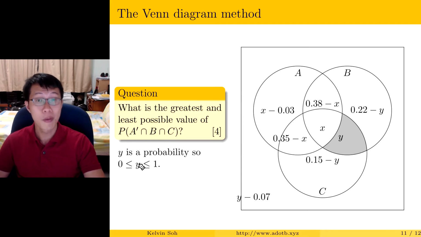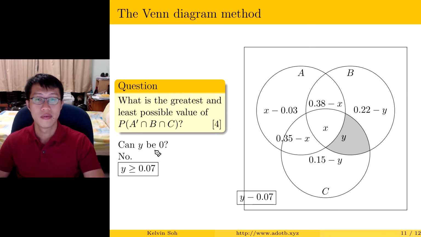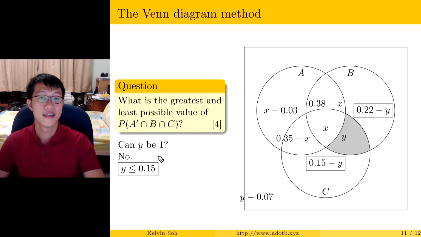Of course, y is a probability, so one possible inequality we can come up with is that y is between 0 and 1. But let's analyze and see whether y can be 0. So it turns out it cannot be, because if y is 0, y minus 0.07 will be negative. So at the very least, y has to be 0.07. Next, can y be 1? Turns out that is a no as well, because of these two quantities. If y is 1, these two quantities will be negative.